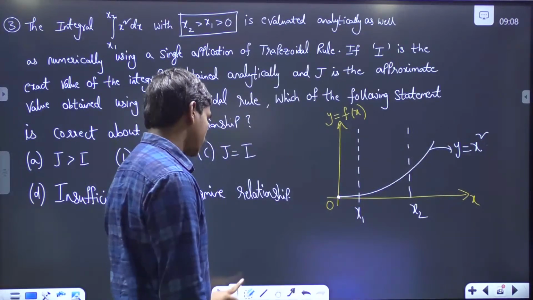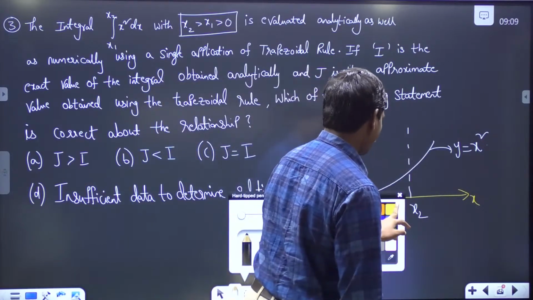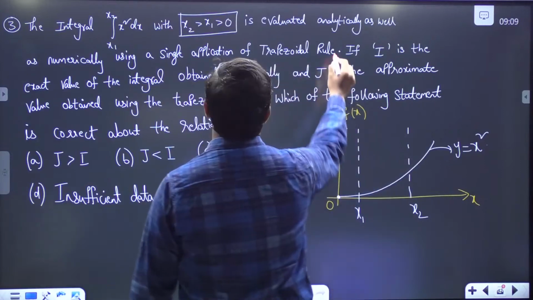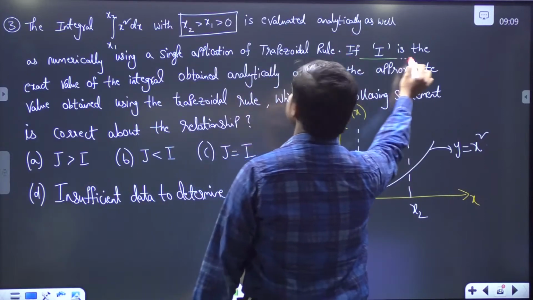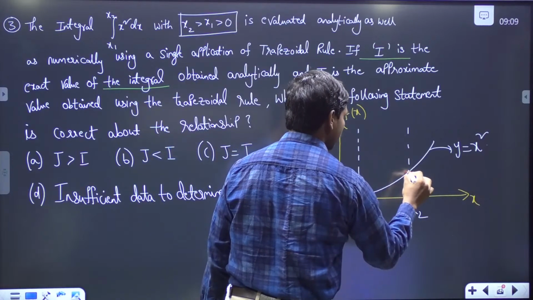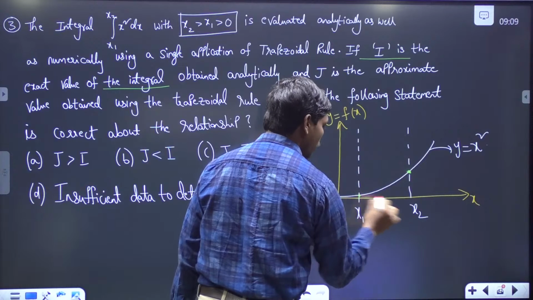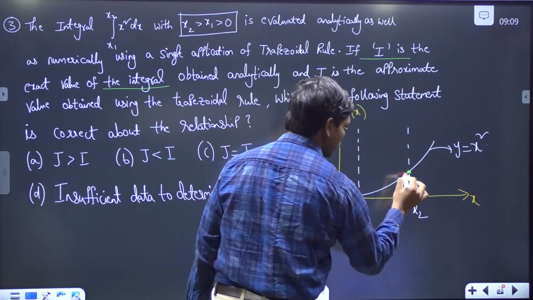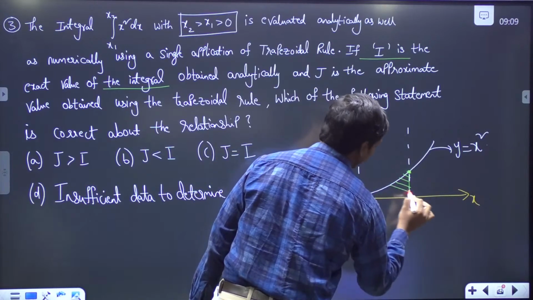Now see carefully. If I is the exact value of the integral, then if these are the points, this area is the exact value of the integral.